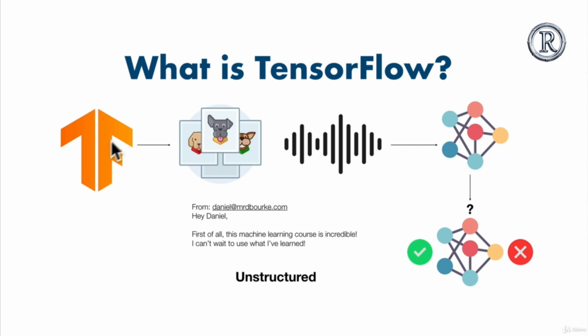And now TensorFlow allows us to build a deep learning model, kind of like a neural network, well, exactly like a neural network, to gain insights out of this unstructured data. And it also allows us to check and evaluate how our neural network, which is another form of machine learning model, is doing. Is it getting things right or is it getting things wrong?